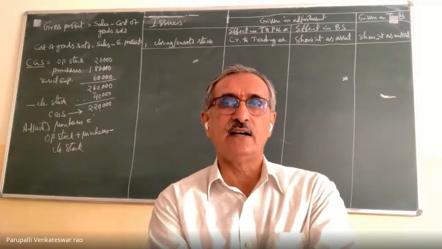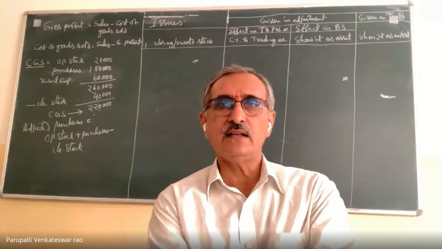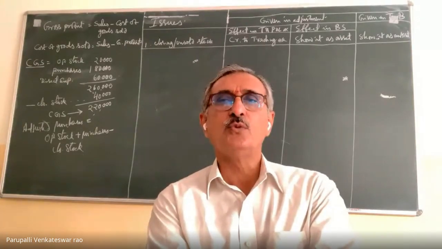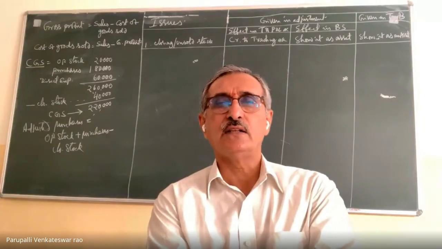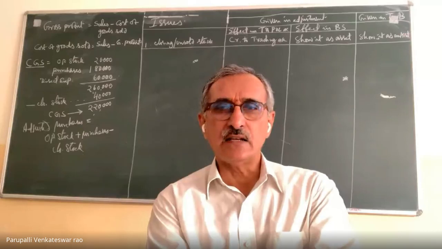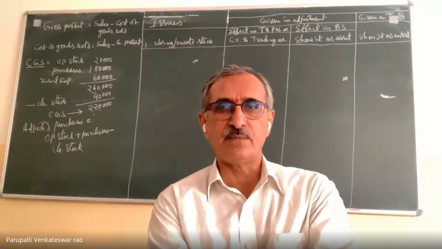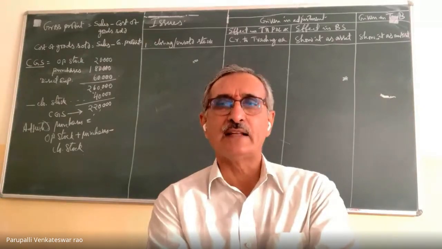Loans taken is the major one. Sundry creditors means these are the suppliers to whom we have to pay. And any expenditure payable also becomes a liability. That I'll come to at the specific point. When I take up the problem, you will understand better.